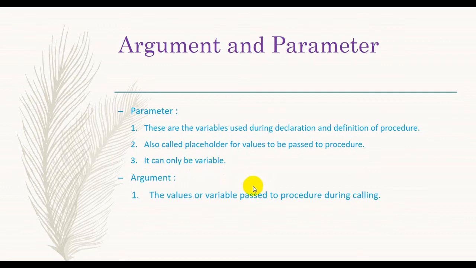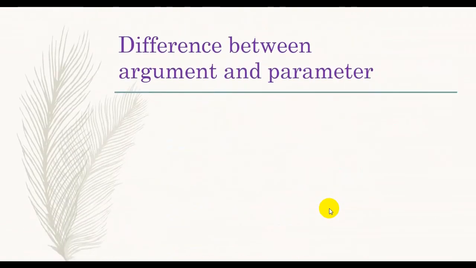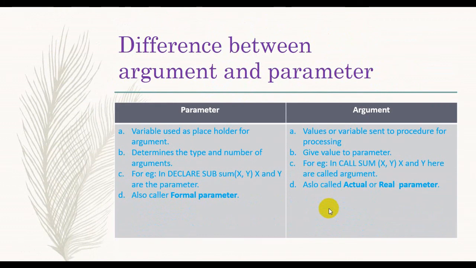Arguments are the values that are passed to the procedure, or sent to the procedure, during calling the procedure. They can be variable as well as constant. So let's see its difference. Parameter is the placeholder for the argument, whereas argument sends the value to the procedure.